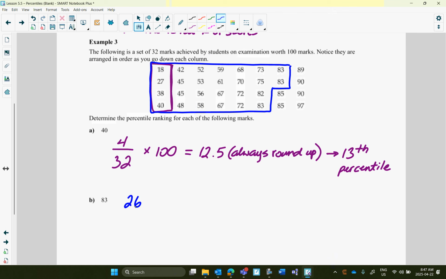So 26 of those were at a mark of 83 or lower out of 32 total marks that were recorded, times 100, equals 81.25. But remember, always round up. So it's the 82nd percentile.